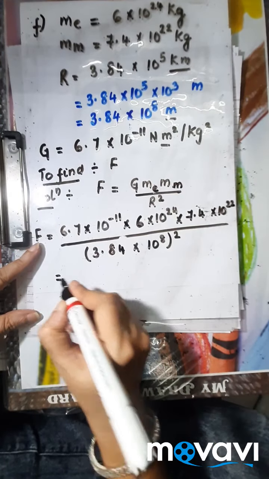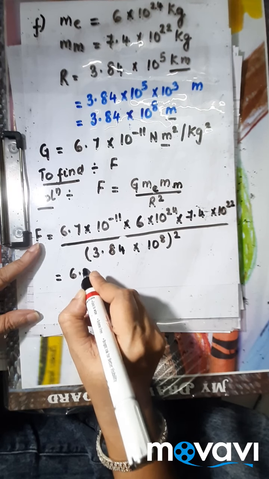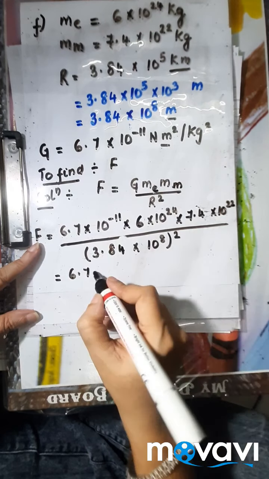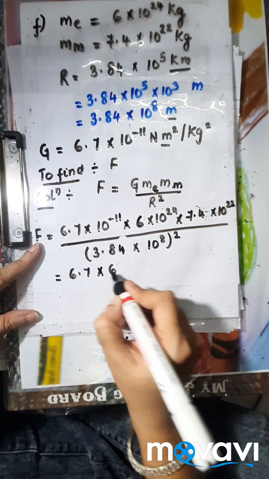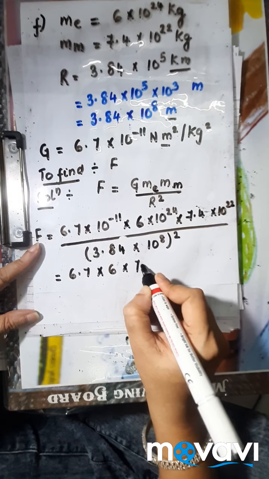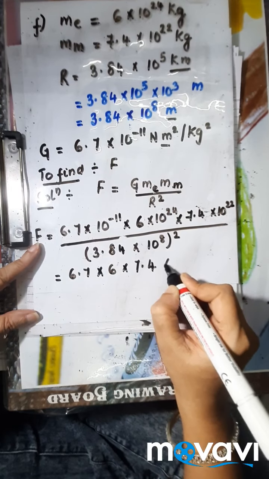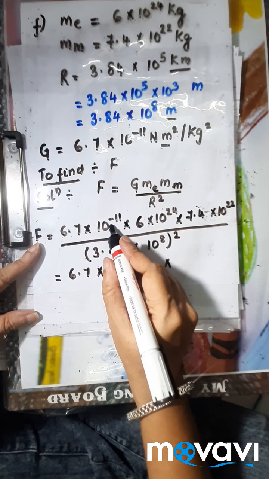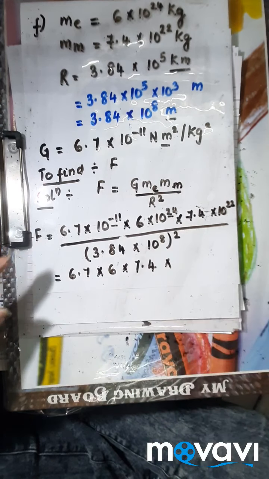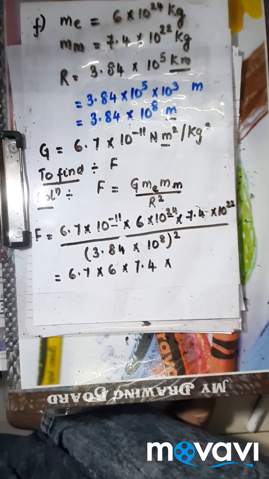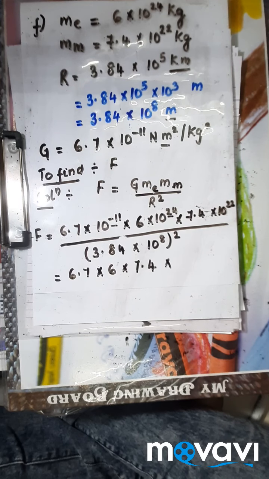Look at this. 6.7. I'll bring this 6 close by. I'll bring this 7.4 close by, multiplied by, now look at this, 10 raised to minus 11 and 24. Signs are different. Subtract and put the sign of the greater number.